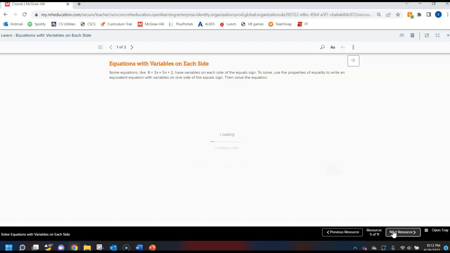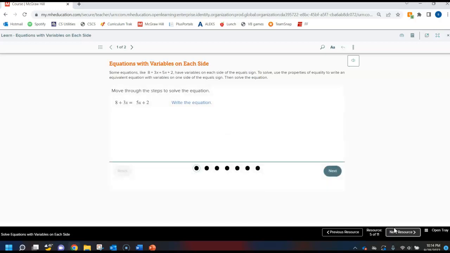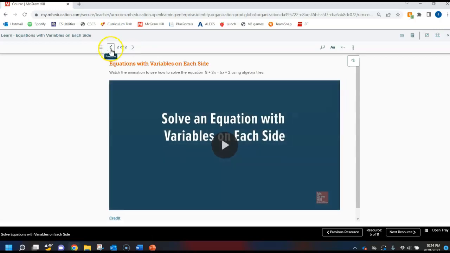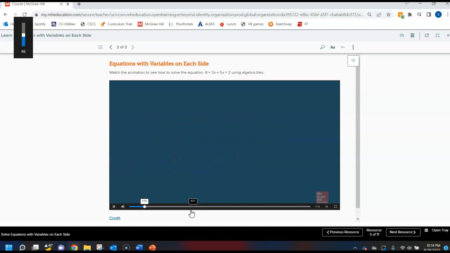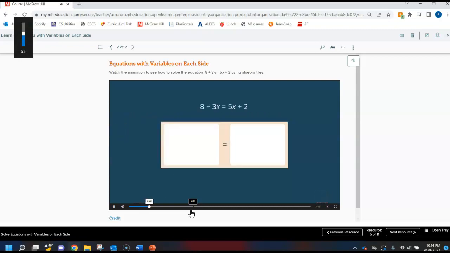I want you guys to look at solving equations another way using algebra tiles, and we are going to try using algebra tiles in class on Monday, but just watch how this works. You can use algebra tiles to solve equations. First, model the equation.